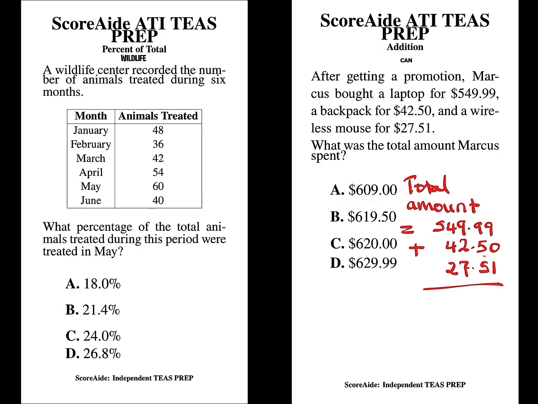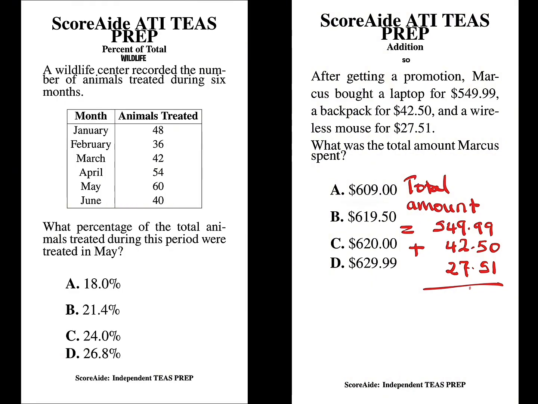So you just gotta sum these up. The cents are going to give us $2. 2 plus 9 is 11. Plus 2 is 13.